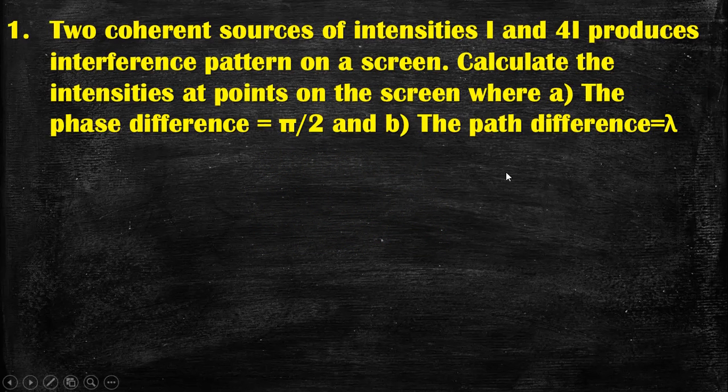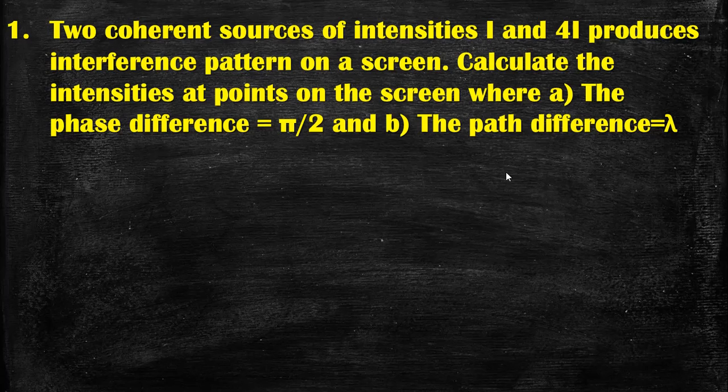So before solving the problem, first you have to read the problem thoroughly, and in any problem section in physics, you have to remember three important points. One, you have to go through the problem thoroughly.